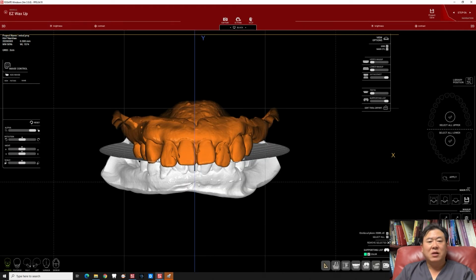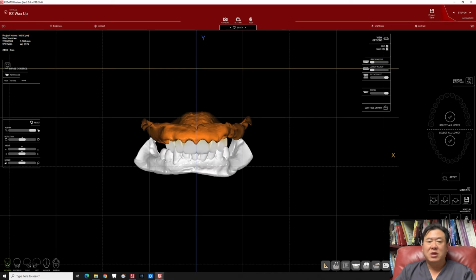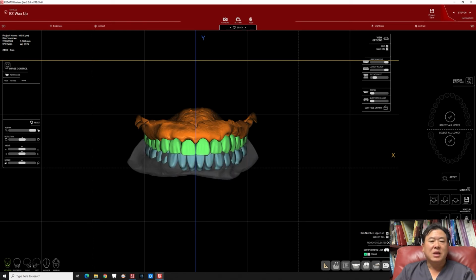From study model, all the teeth were virtually extracted, and then the preliminary DOD wax-up was loaded on the model. Based on this information, full arch wax-up was done on the maxillary model, and the mandibular wax-up was completed.